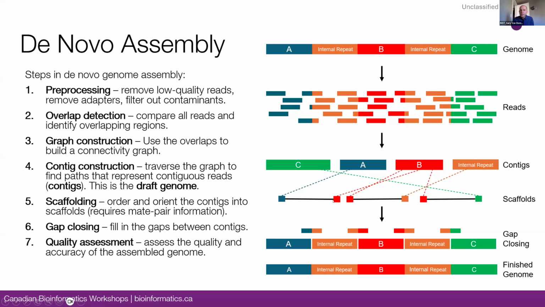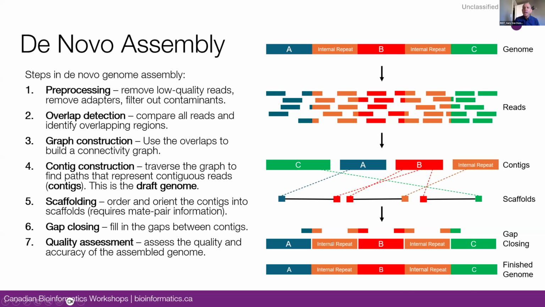But because the distance between them is known, they may span an internal repeat and can capture enough unique genetic content in the contigs so that it can order them, either in the direct ordering or flipped into the reverse complement, and connect them. So it can order and orient them together into a scaffolded genome. It's not a completely finished genome, but it's an ordered and oriented scaffolded genome.